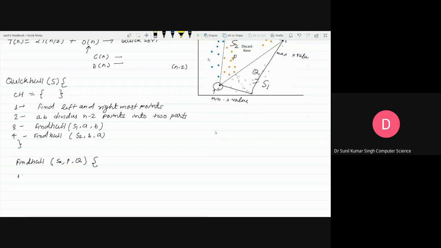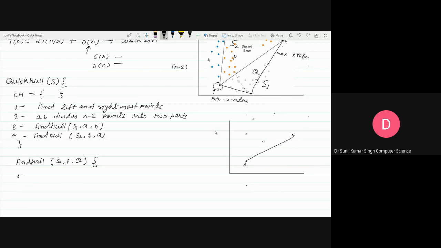Consider a scenario like, suppose these are the points, and you have chosen the least value of x and highest value of x.